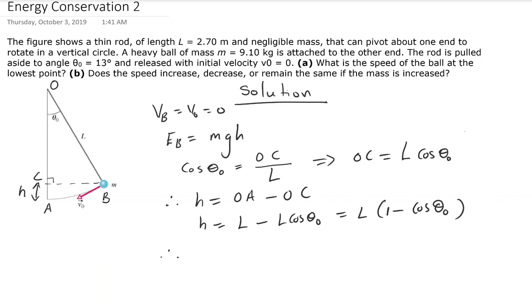Therefore, EB, the energy at point B, which is a potential energy, is mgL times 1 minus cosine theta naught.